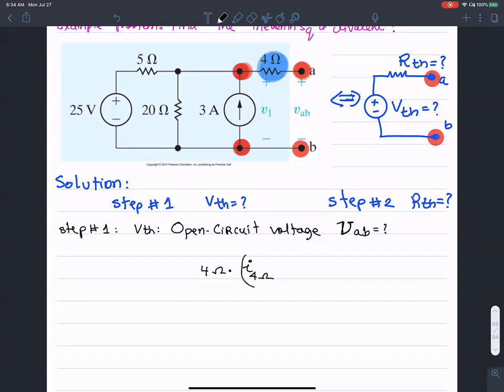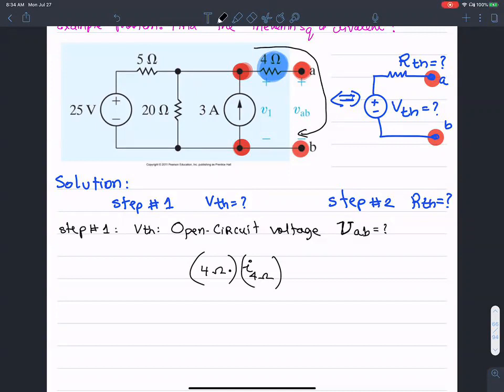But what is the current flowing through the 4 ohm resistance? Isn't it zero? It's zero because it's an open circuit, right? There is no current flowing between terminals A and B.